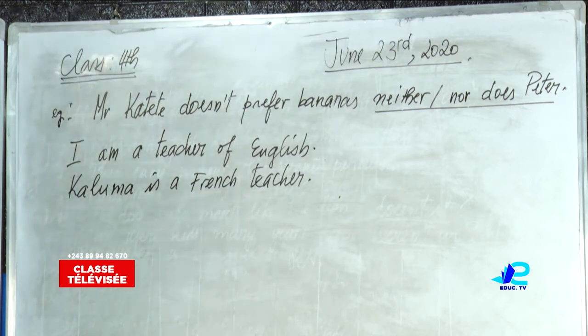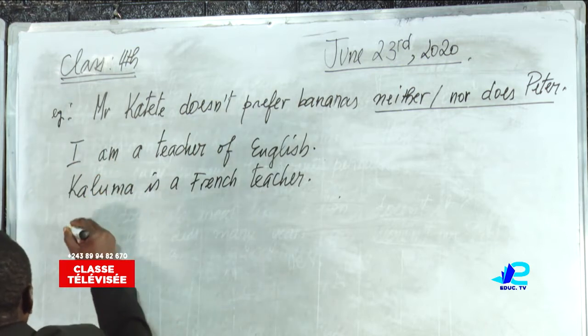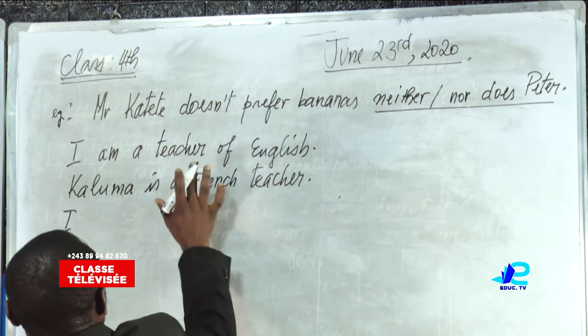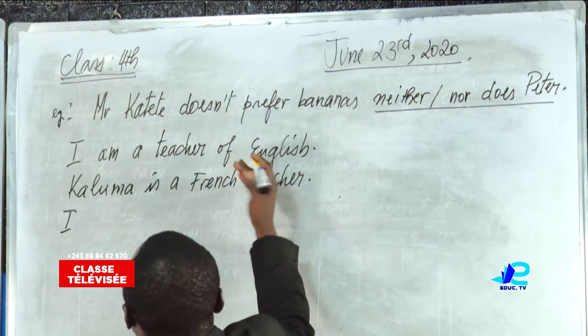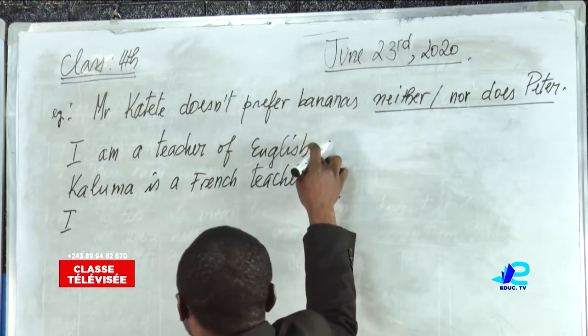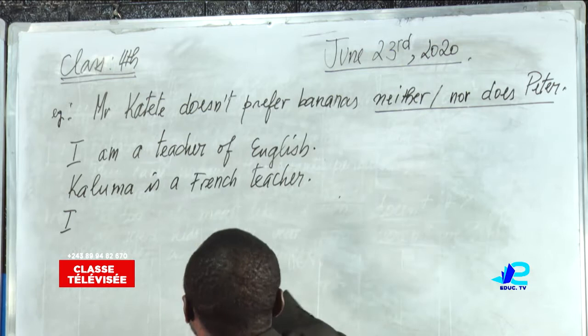So I can use the possibility here. I can say, I am, as we are not the same, we don't teach the same courses. The first teaches English and the second one teaches French.